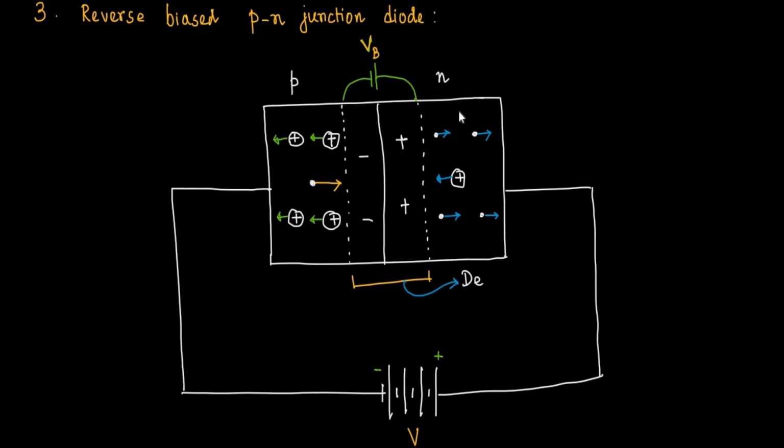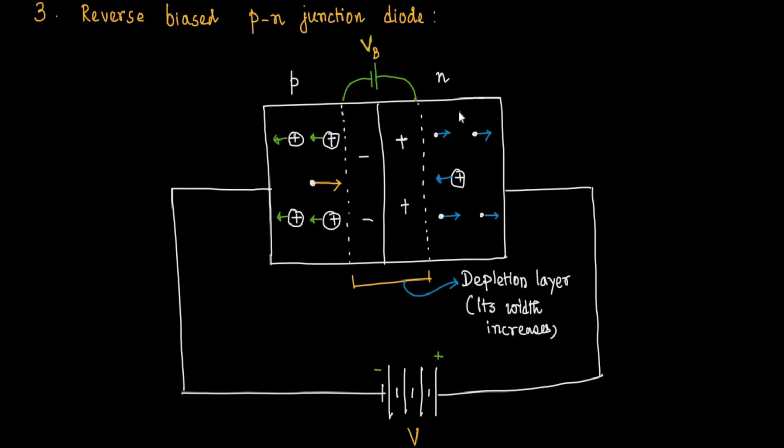Its width increases, or it becomes thick during reverse biasing.